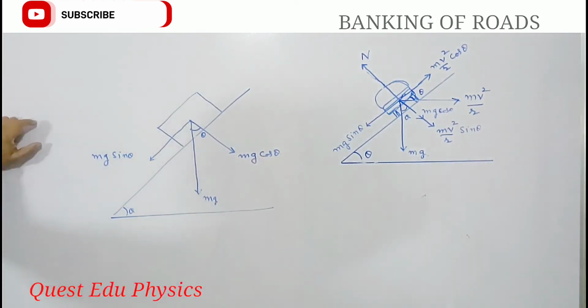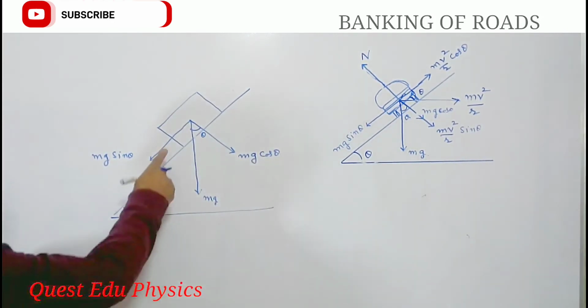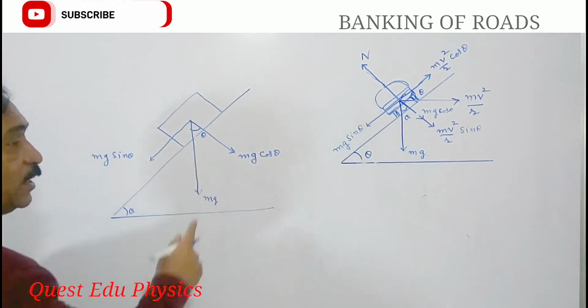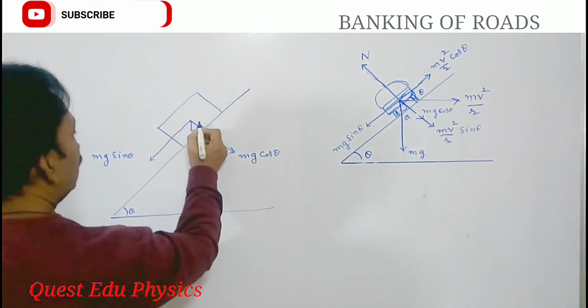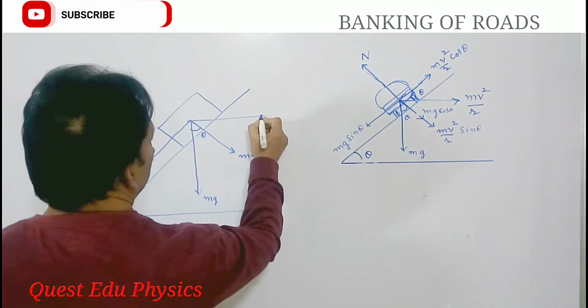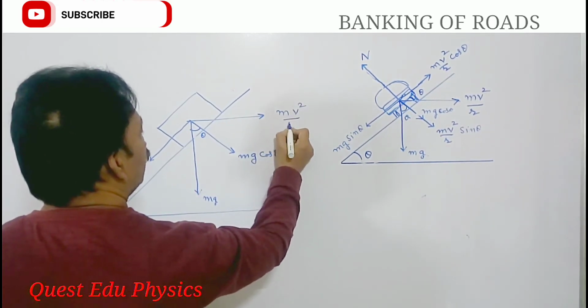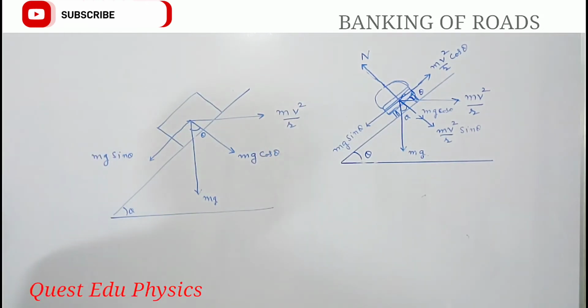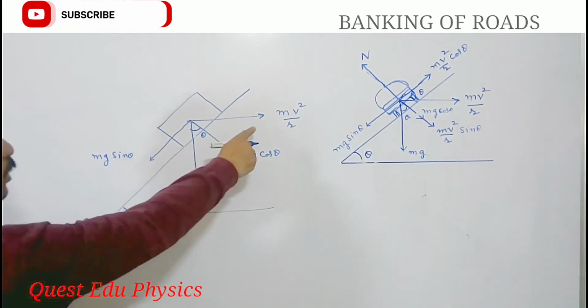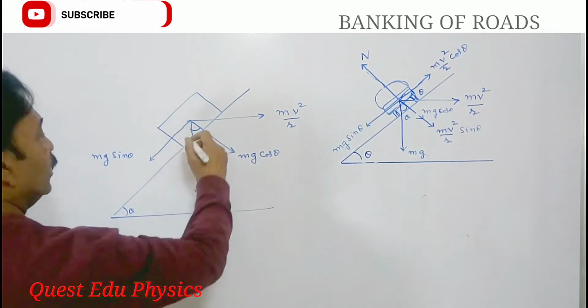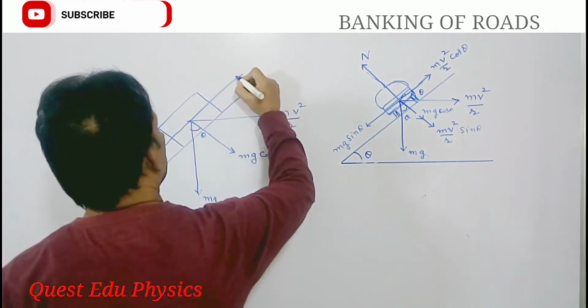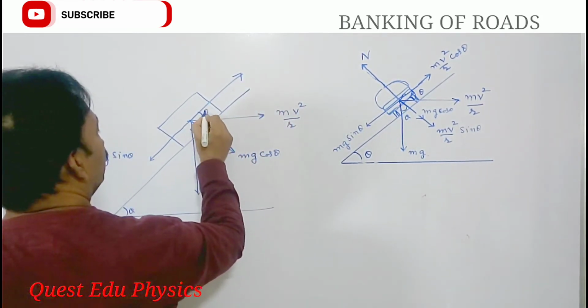I hope. Okay students, while negotiating a curve, the car experiences a force. I said it is the centripetal force. It is mv square by r. I'm resolving this centripetal force into two components. Here it is the theta.